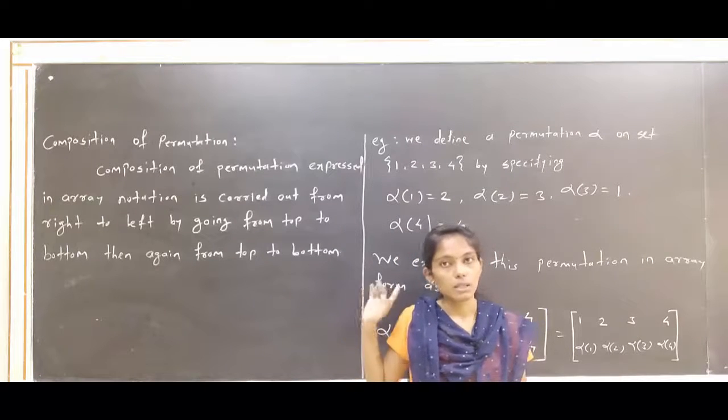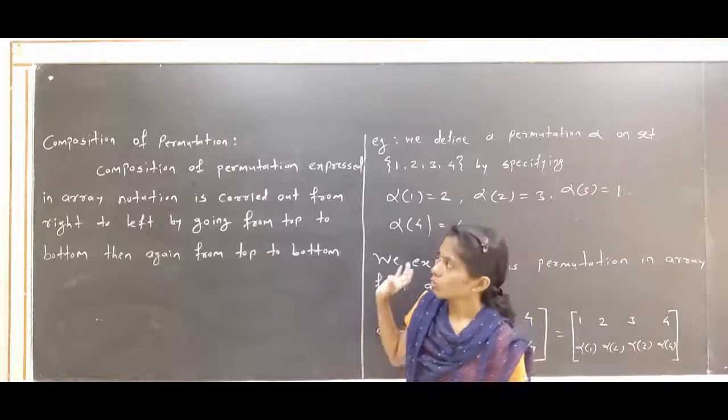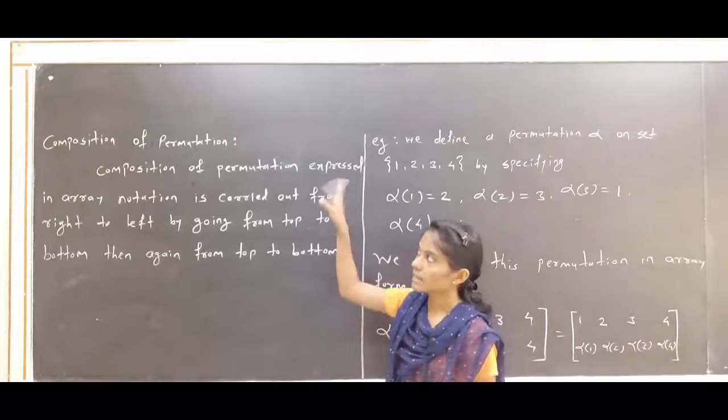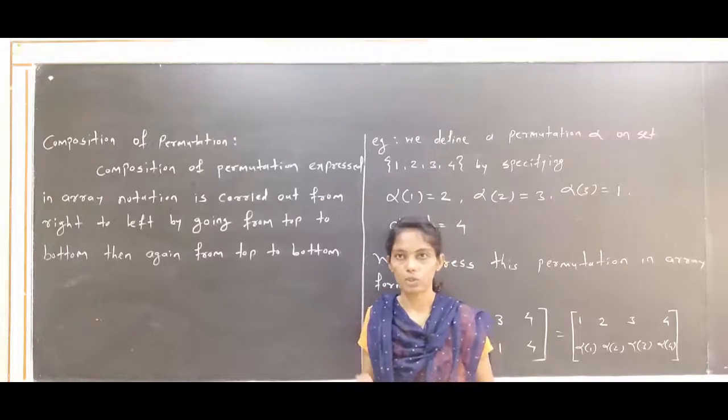So remember this: right to left and then top to bottom. If you get this thing, then you will get the composition of permutation.